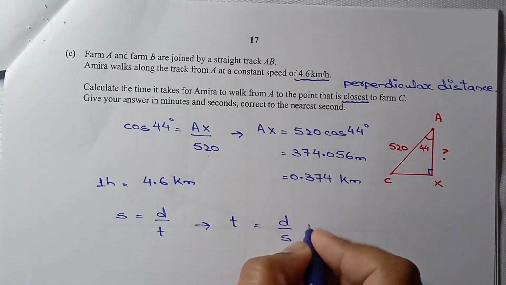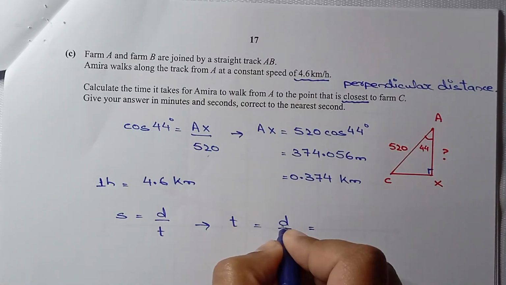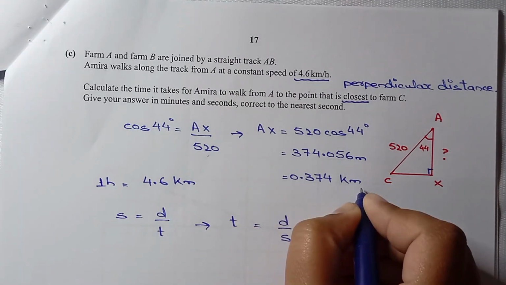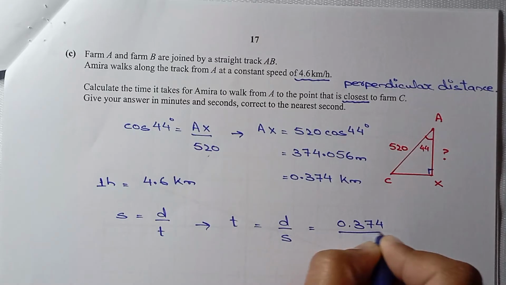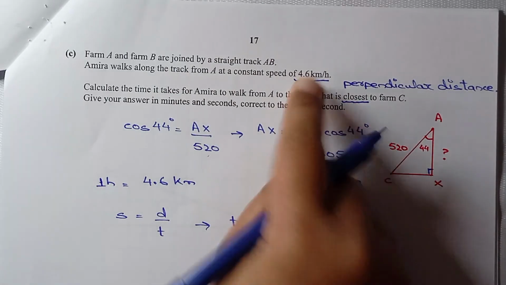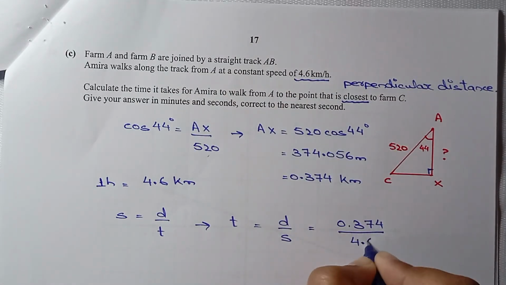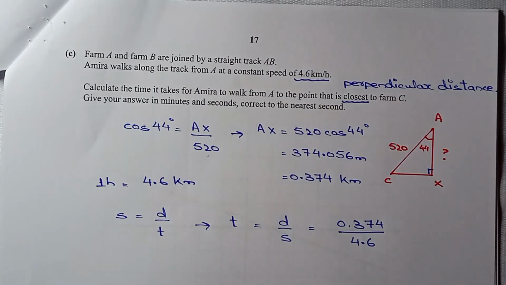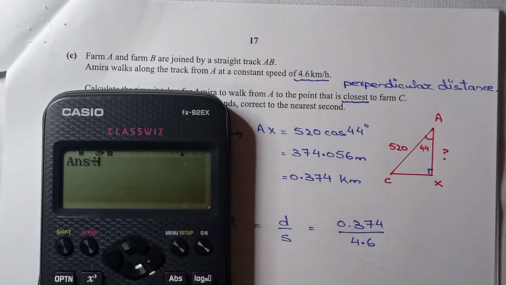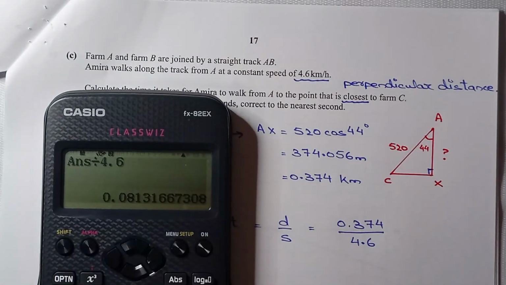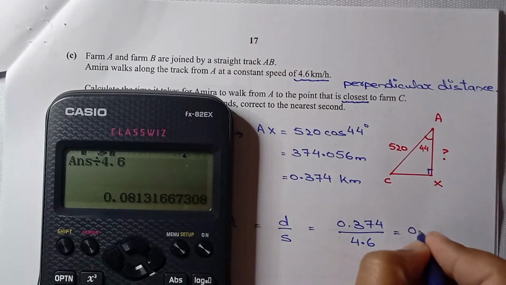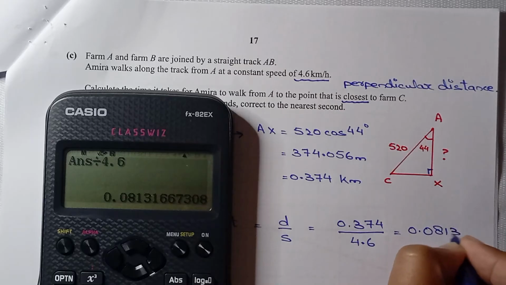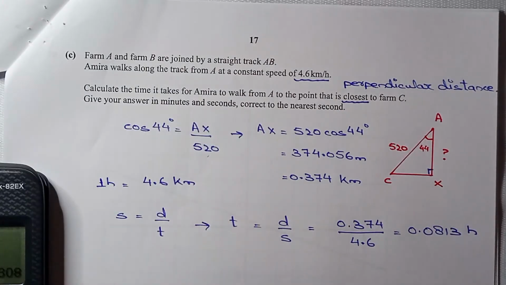Okay, so we have distance traveled, 0.374, over the speed, 4.6. Both are in kilometers, right? Okay, dividing by 4.6, this would be 0.0813. This is in terms of hours because 1 hour is this much, so time is in terms of hours.